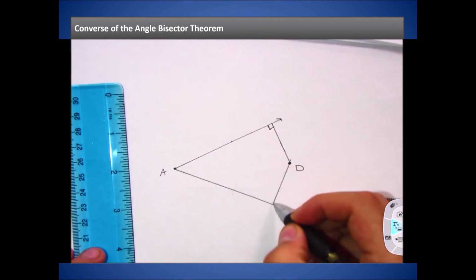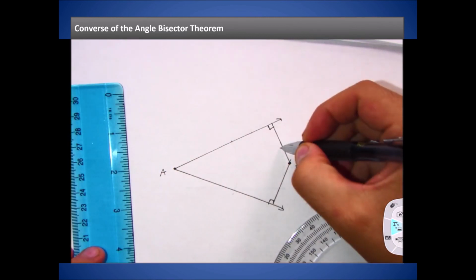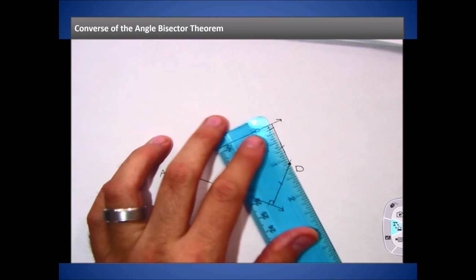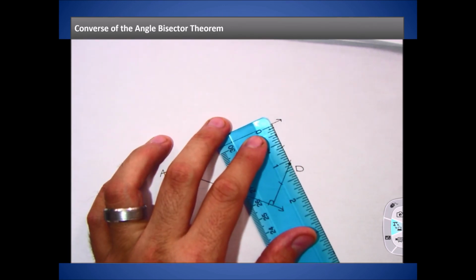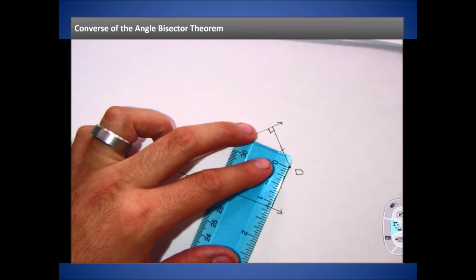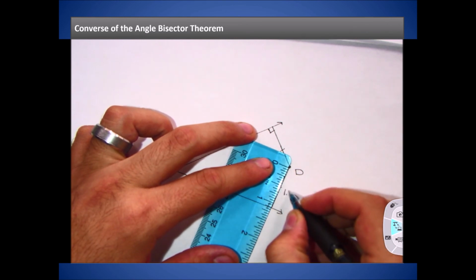And so we know that this distance is the same as this distance. We'll measure it out just to be safe. A little over 1 1/8, and 1 1/8 inches. So 1.125 inches for both.